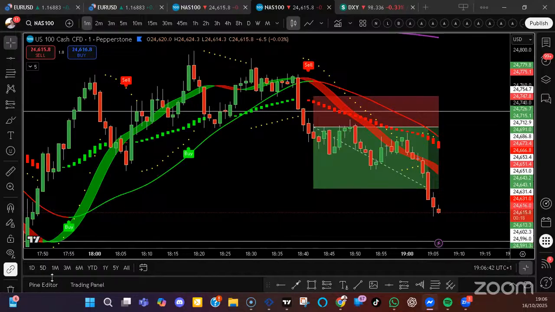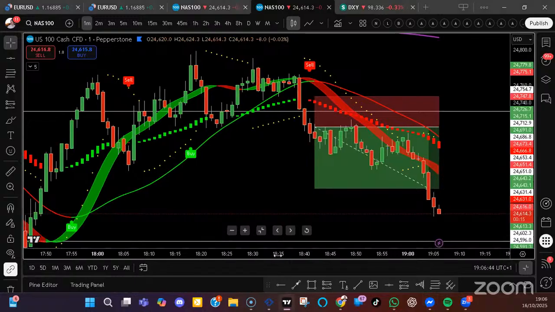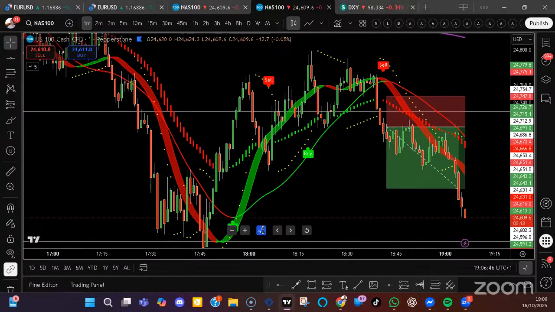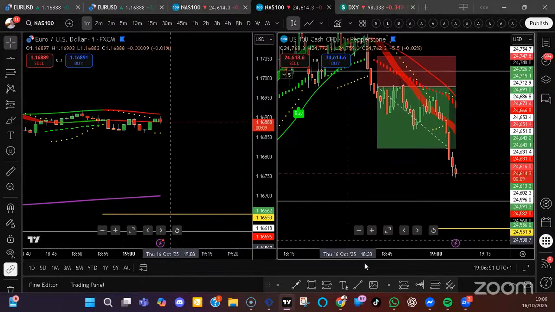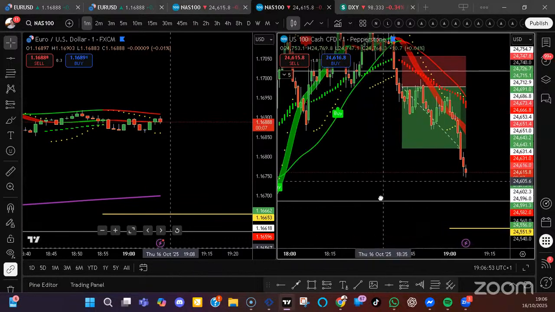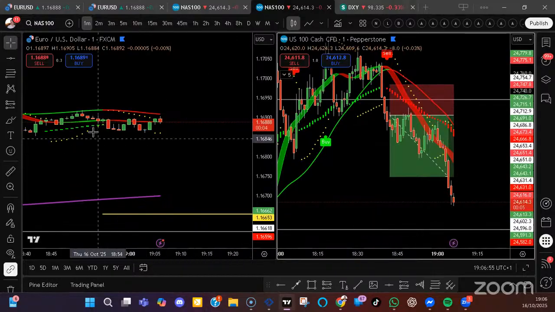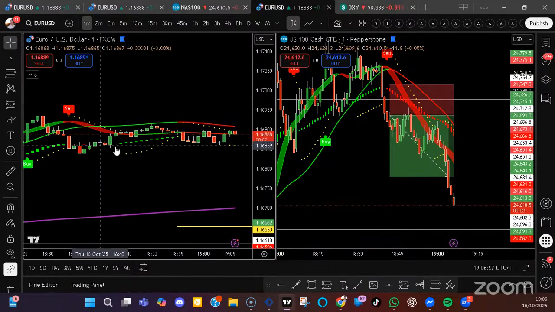So all we can do really is wait for prices to get into the zones on any one of the two commodities. But the EUR USD is going sideways.